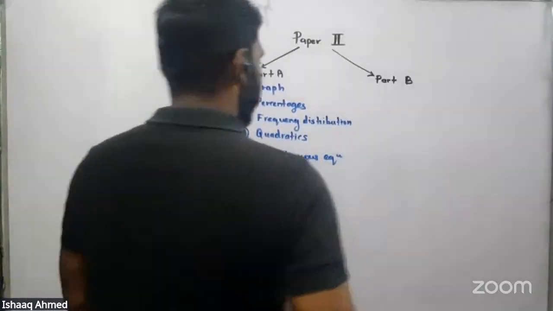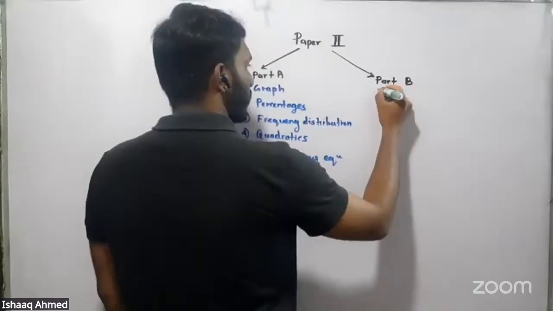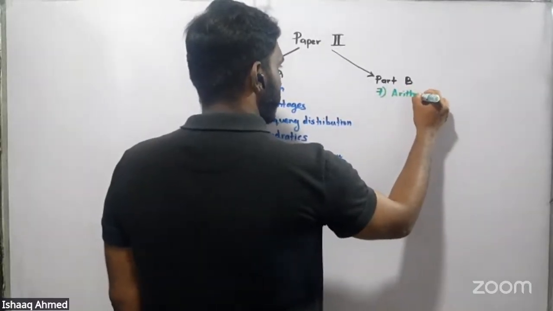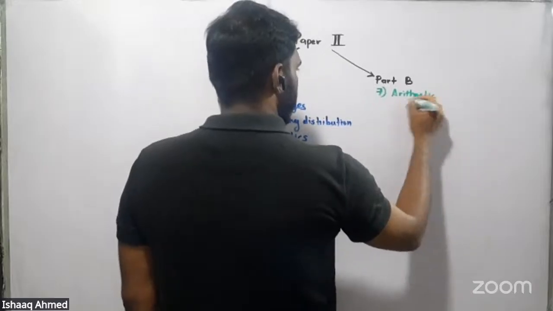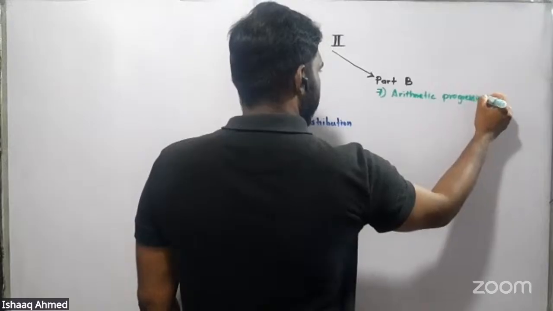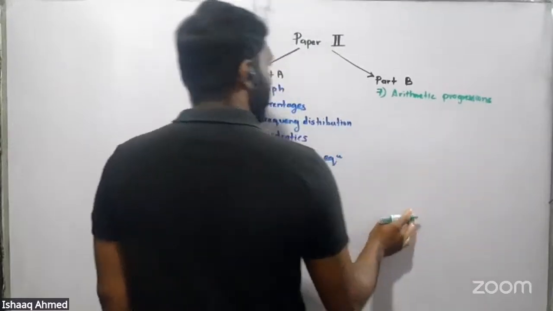And in part B, we have arithmetic progression and geometric progression. So we can simply say progressions.